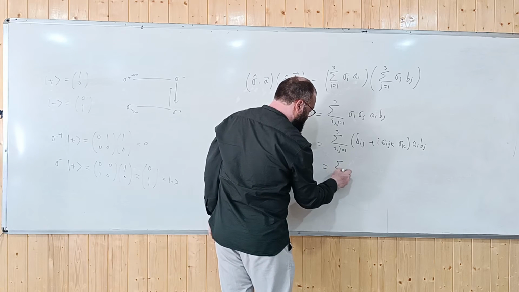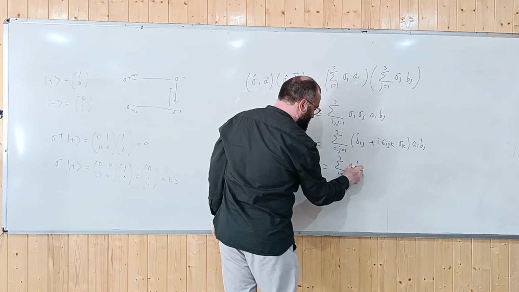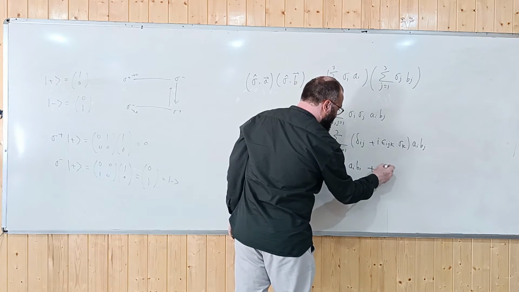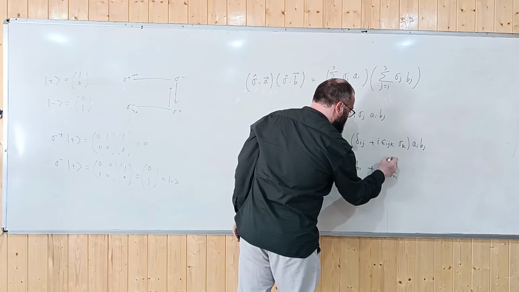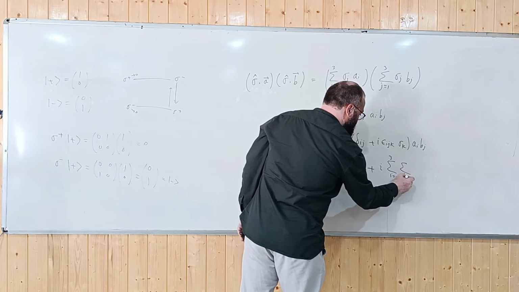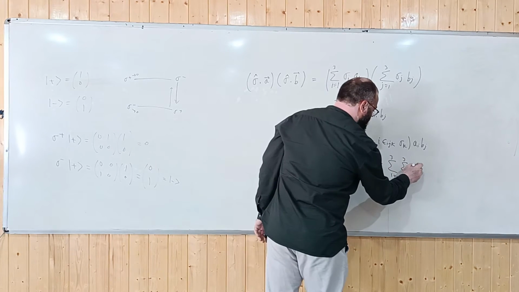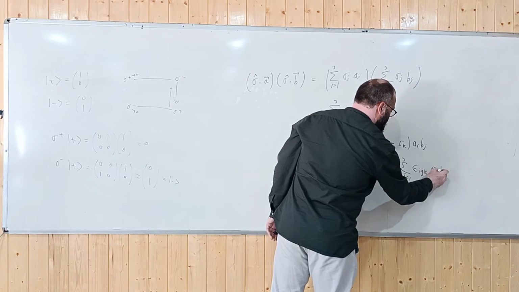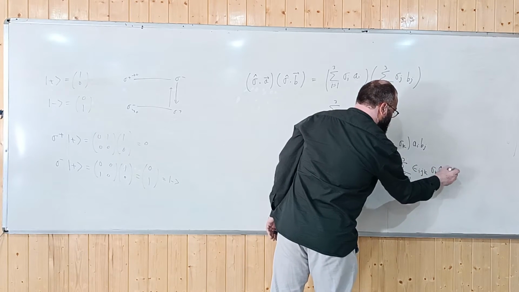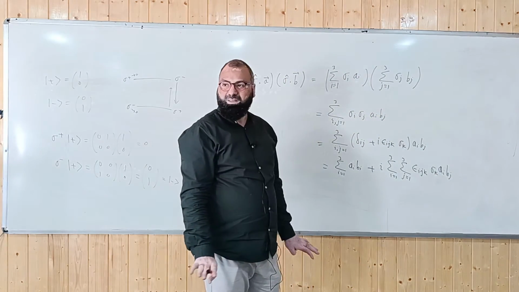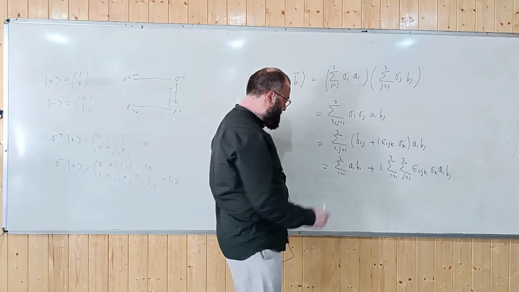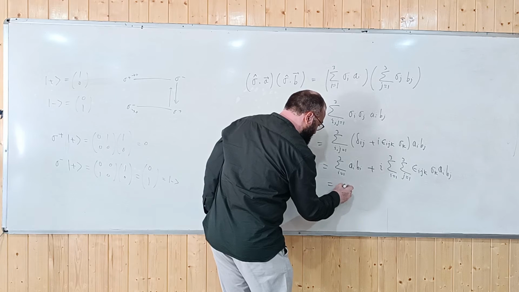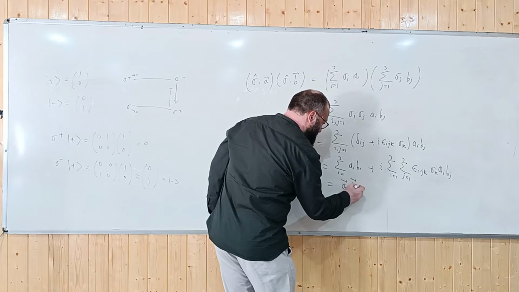So it will be summation over i running from 1 to 3 of a_i b_i. Then you are having the second term, summation over i and j from 1 to 3, epsilon ijk, sigma k, a_i b_j. Clear? So what is this first object? This is simply your dot product, a dot b, plus the second term.